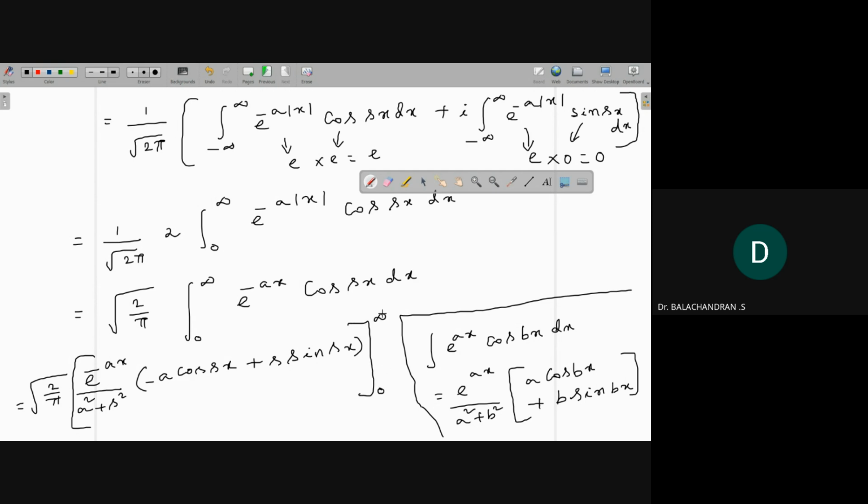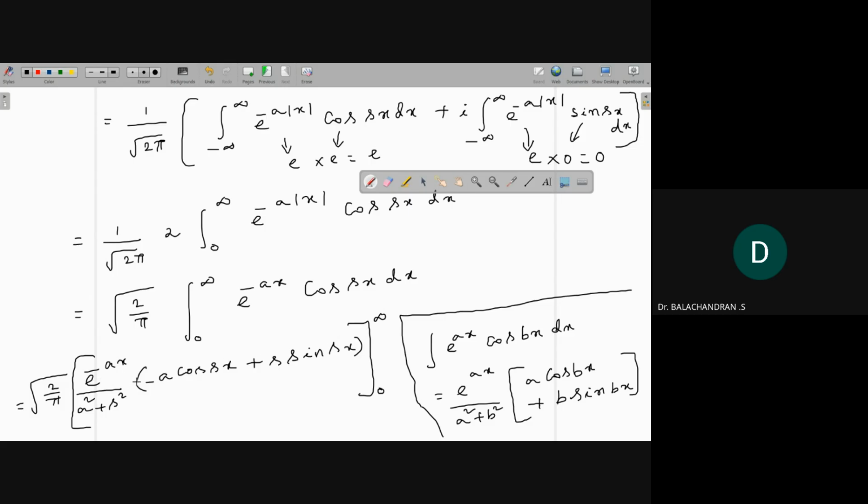Now I'm going to apply the limits. So root 2 by pi, e power minus infinity is 0, but cos sx and sin sx are bounded functions. That means the maximum values of cos and sin are plus 1 and the minimum values are minus 1. So e power minus infinity is 0, and 0 into some finite quantity is 0.